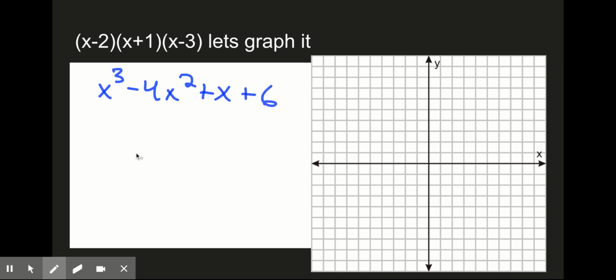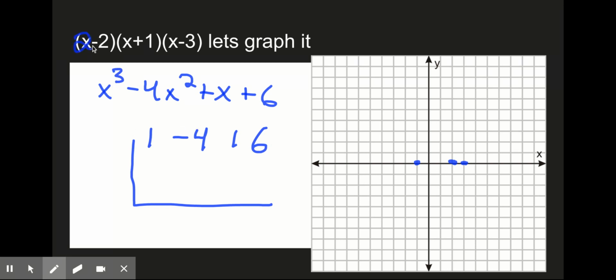The idea is you would be able, with 1, -4, 1, and 6, to produce as many points as you need. I already know that there's going to be 2, 0, -1, 0, and 3, 0. The question is, does that actually bear truth?